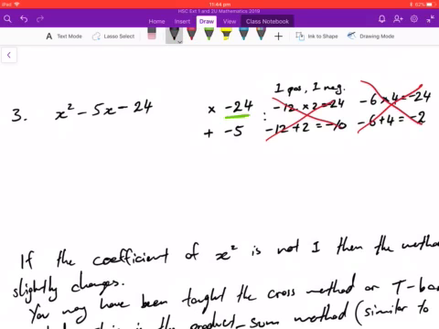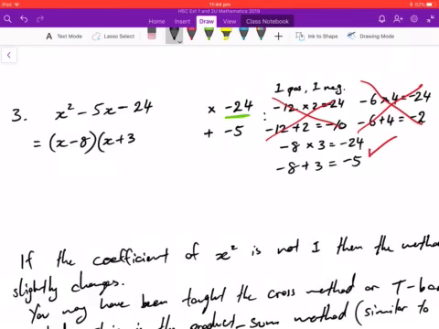Well, 8 and 3. All right, let's try that. Negative 8 times 3 is equal to negative 24. Then negative 8 plus 3 is equal to negative 5. Oh, well, there we go. We found our two numbers. The two numbers are negative 8 and positive 3. So this expression here simply becomes x minus 8, x plus 3.